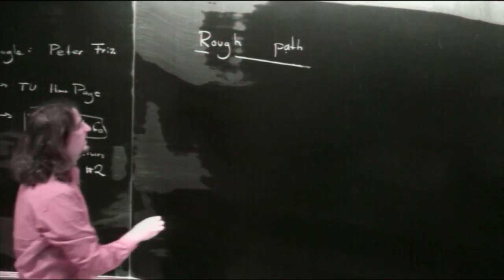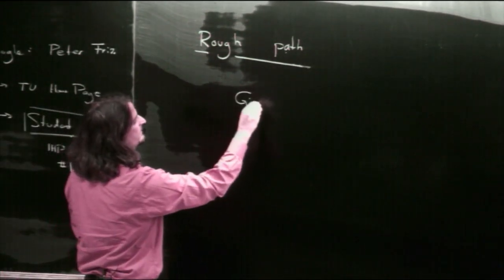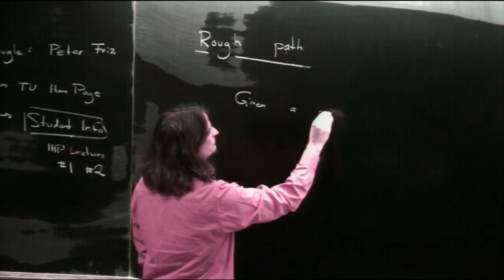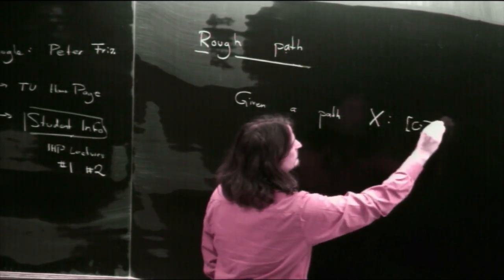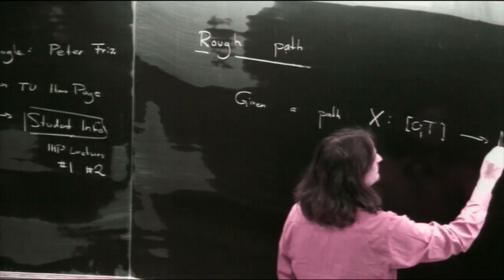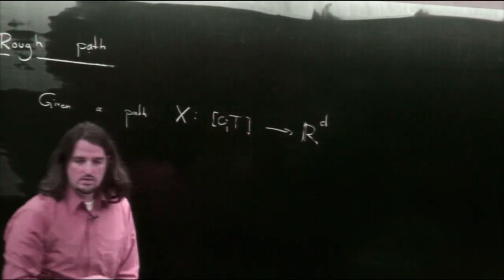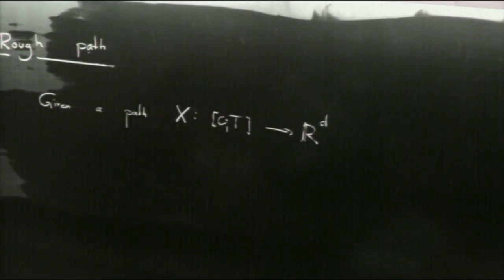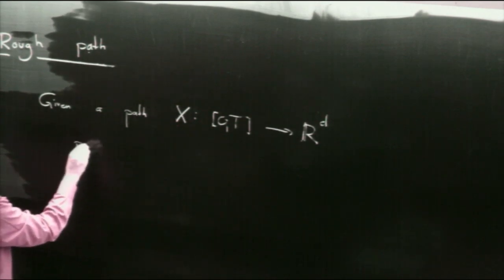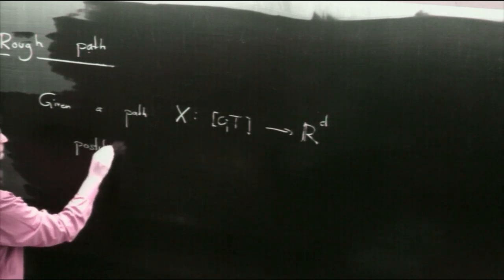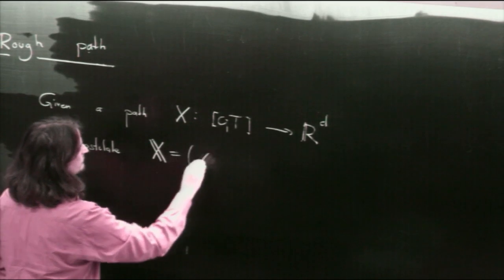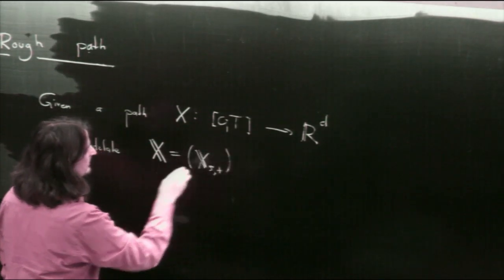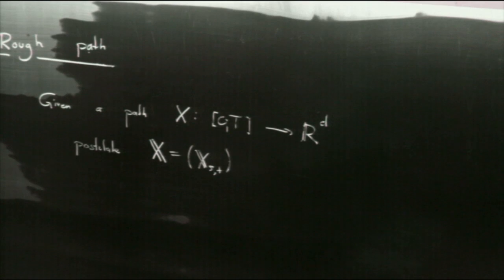You start with a path, given a path x, you may think alpha Hölder, but I'll put this down in a second. You postulate some sort of second order increments.